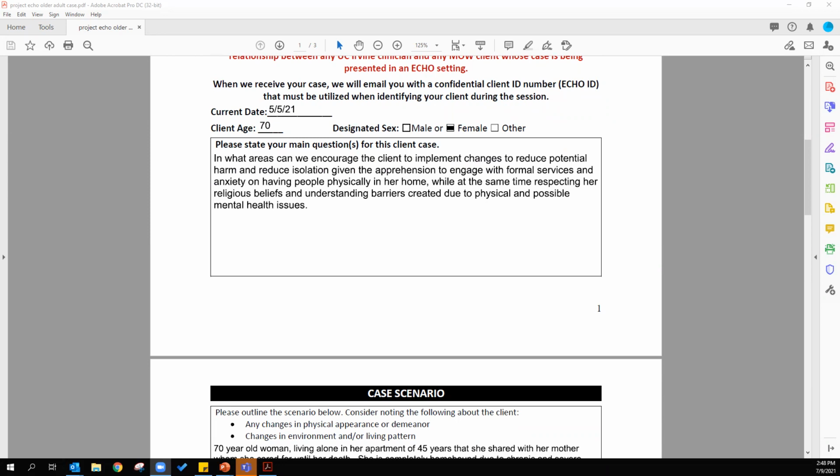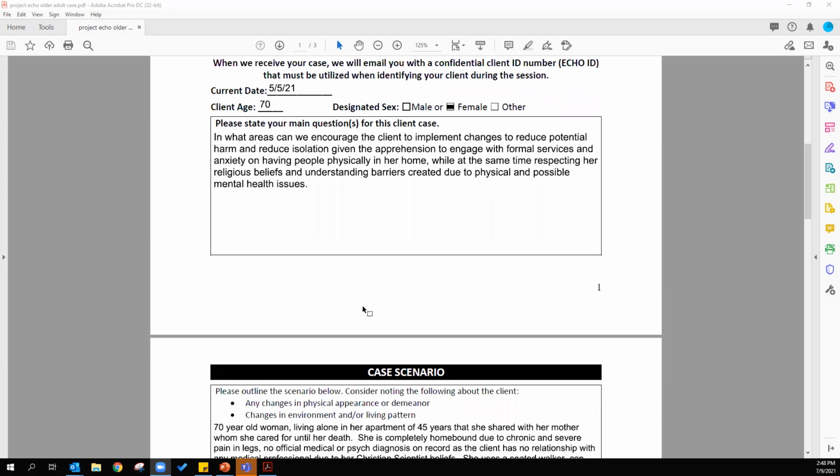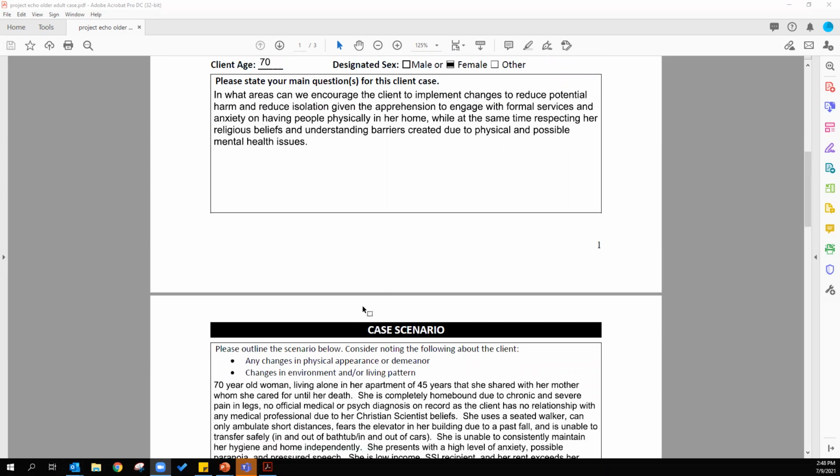One of the things that is challenging in this case is she has no official medical or psych diagnosis on record because she has no relationship with any medical professional because she's a Christian Scientist and so doesn't believe in medical intervention. At this point, she uses a seated walker and can ambulate short distances in her apartment.